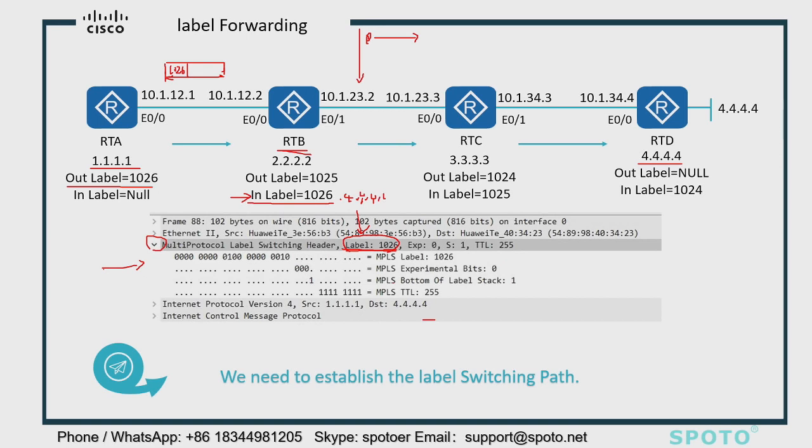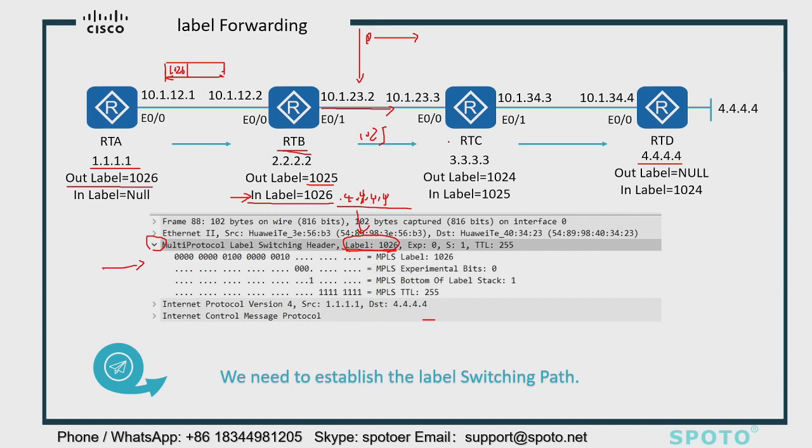So this is the unique destination address, and then the router will see the outgoing interface and the next hop address. The router will forward the packet to RTC, and the router will remove this label and add a new label called 1025. So this is the new label here.